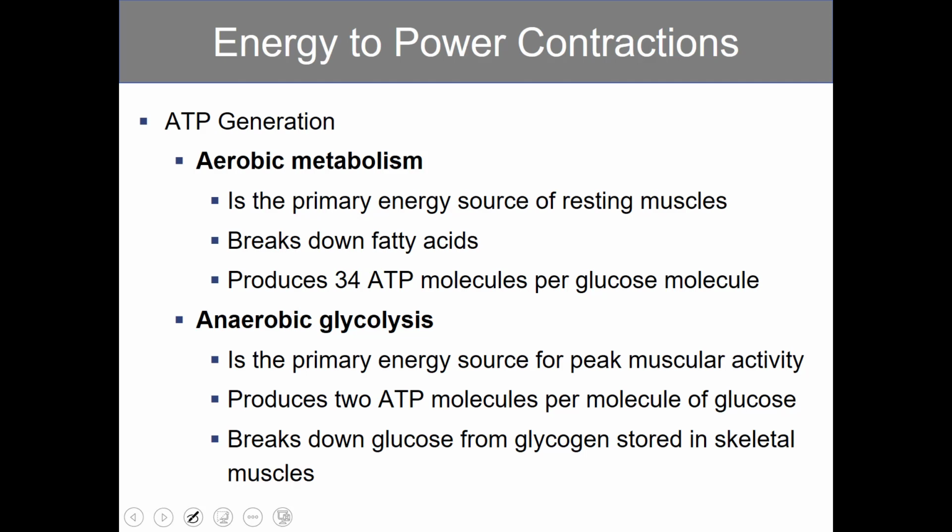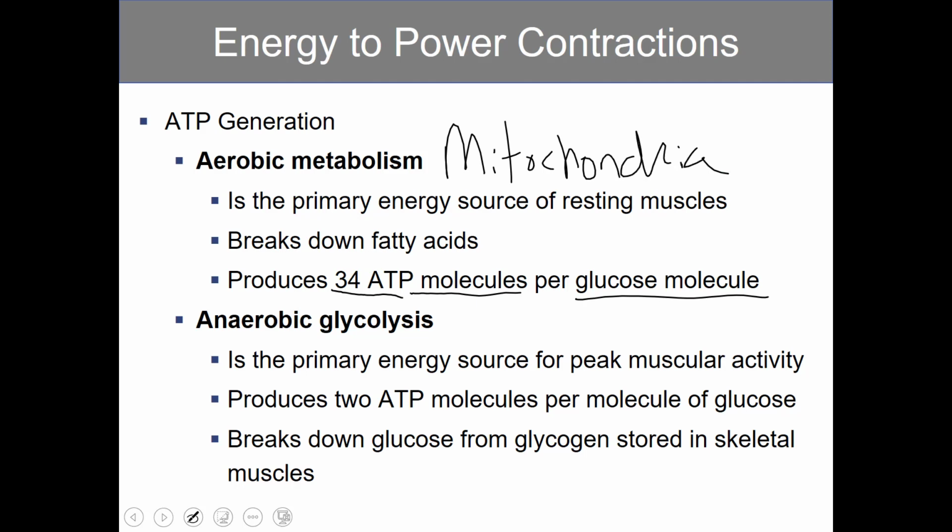Aerobic metabolism is the primary energy source of resting muscles. The cell breaks down fatty acids, and through aerobic metabolism, it's able to produce about 34 ATP molecules per glucose. And this occurs in the mitochondria. Anaerobic glycolysis occurs in the cytoplasm.